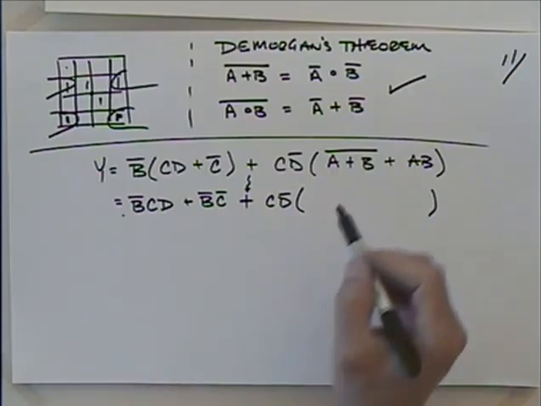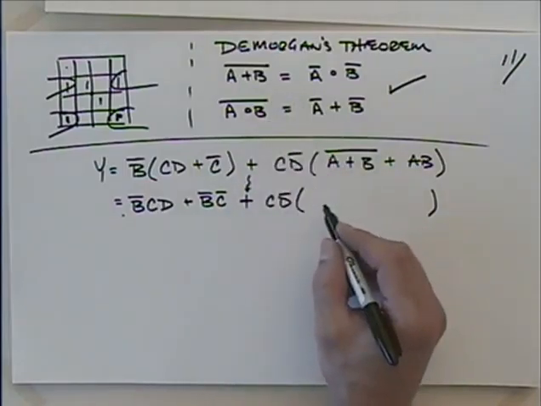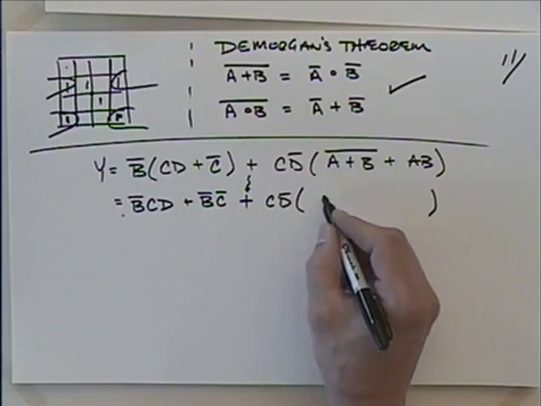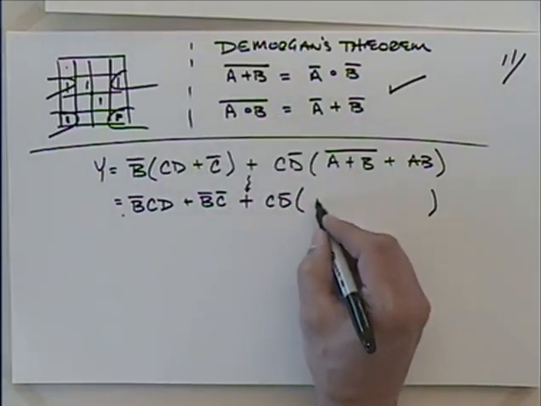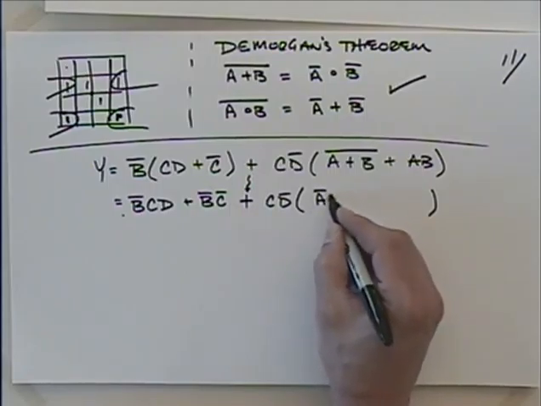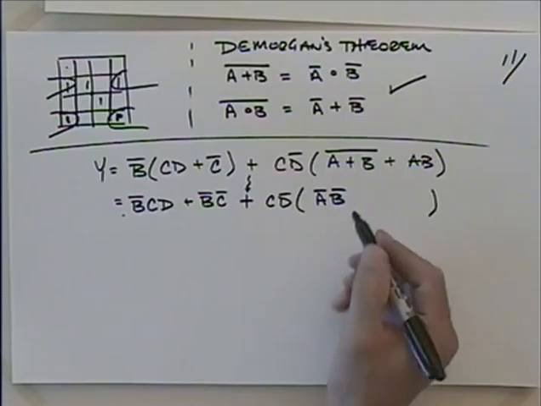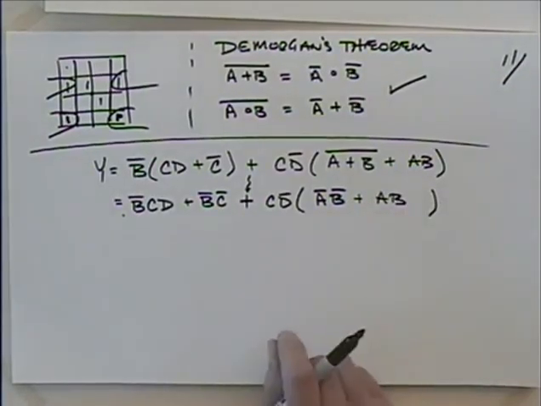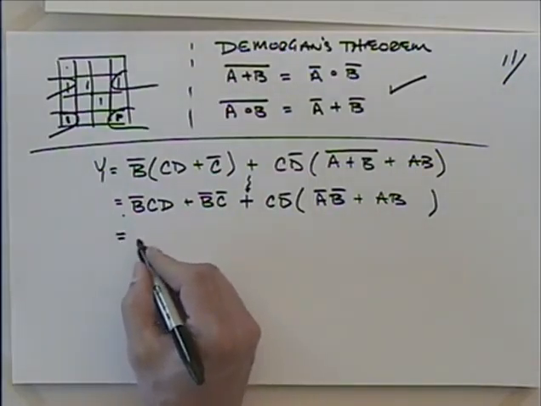So what do I have? It looks like a job for De Morgan's, the first part of that, right? So could I rewrite that? What am I going to have here? This would be this one, so I would just say that this is not A, not B. It's the implied AND between those, or A, B. Is everyone good with that? So then we could keep working on this.